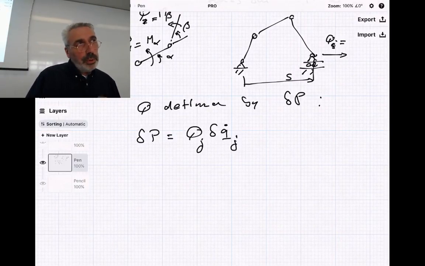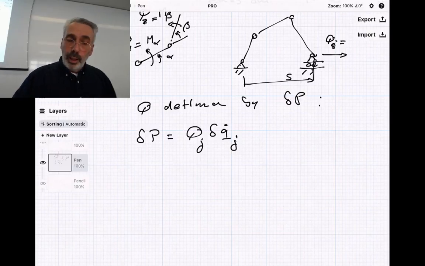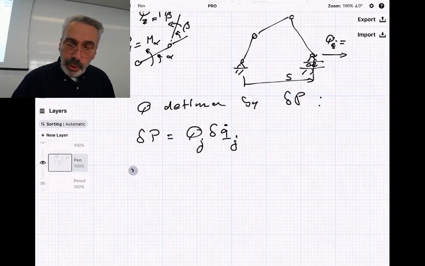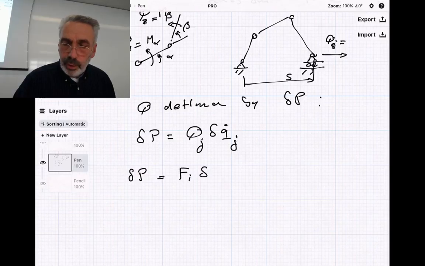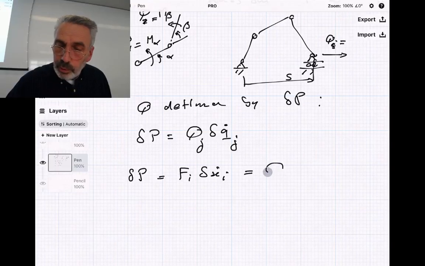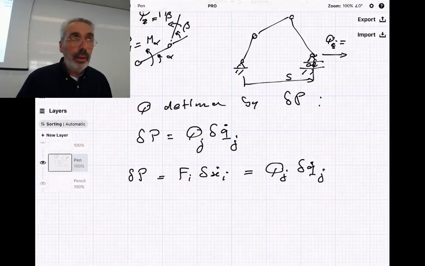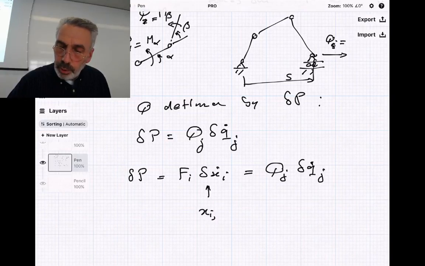Now, the relation between the generalized forces and the forces at the CM is, of course, super simple, because they should have identical virtual power. So the virtual power of these applied forces, that is Fi delta x dot i, should be identical to our Qj delta q dot j. And we are able to write this as Fi xi comma j delta q dot j.